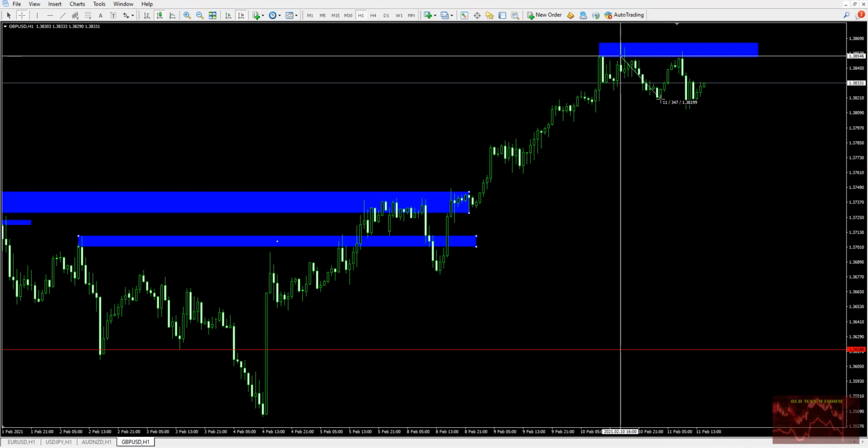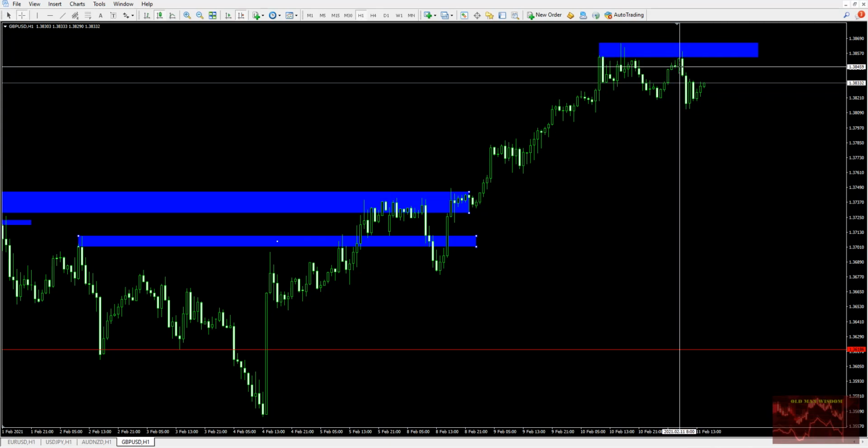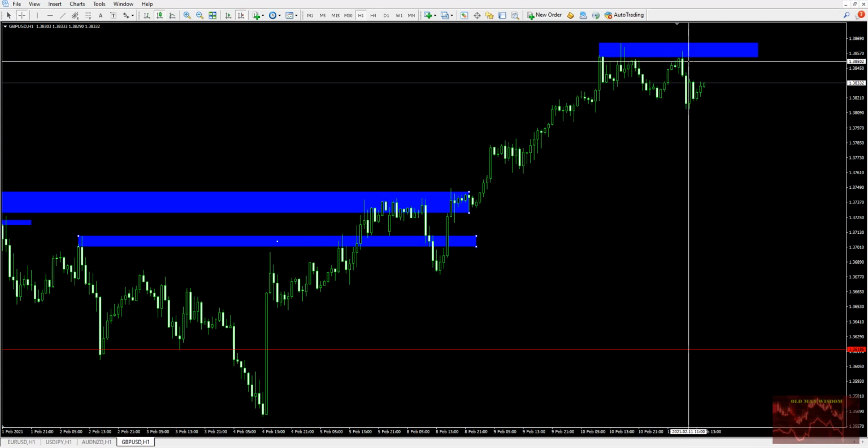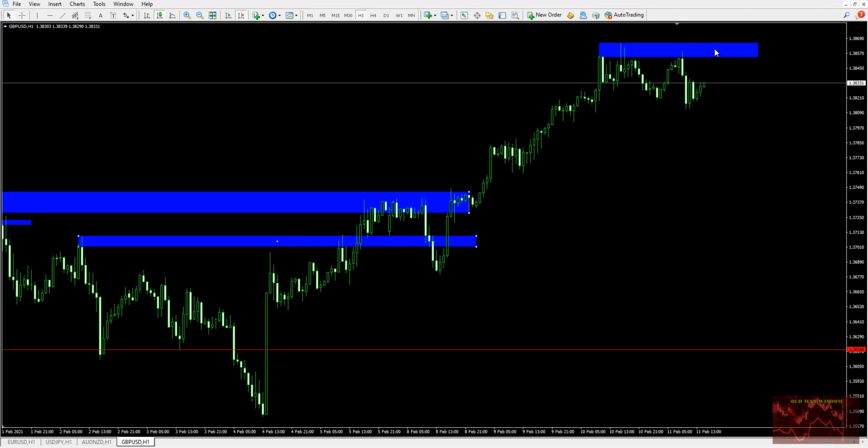Yeah, it dipped a reasonable amount and came back. But look, I've got an okay up move, not great, but the down move was too big for me. I don't like it. It's too far away from the zone.